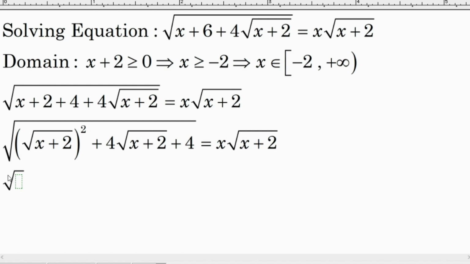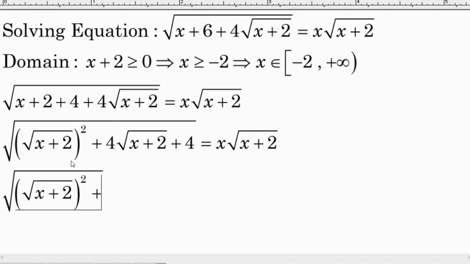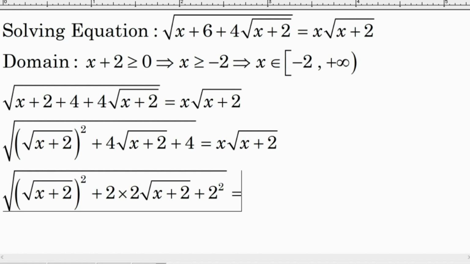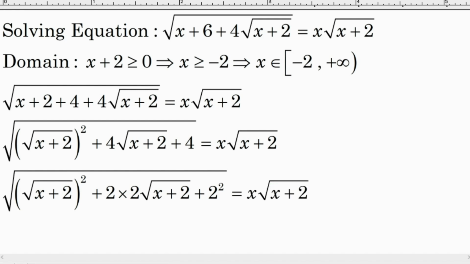So I can write this again as (square root of x plus 2) raised to square, plus, 4 could be written as 2 times 2, times square root of x plus 2, plus 4 could be written as 2 square, equal to x square root of x plus 2.